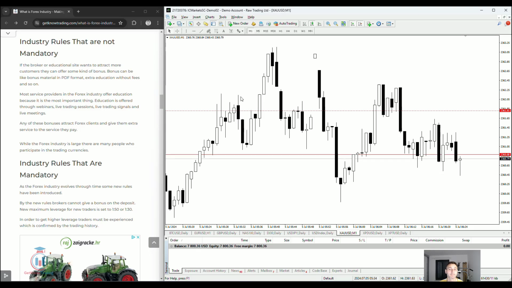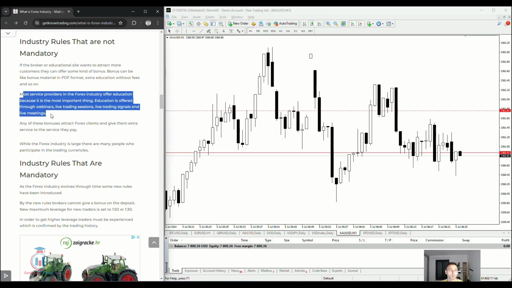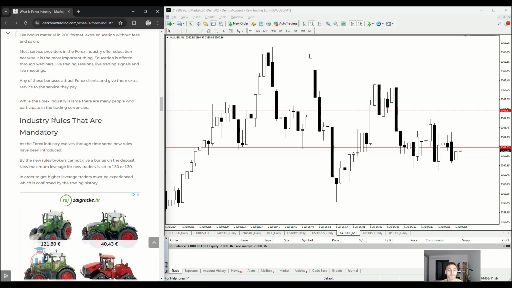There are also certain other tools he can provide that are not mandatory. For example, he can give you an indicator that will help you in trading, but it is not mandatory. So these are some kinds of rules. Here you can also see more details on which rules are not mandatory, and you can find more on the internet.